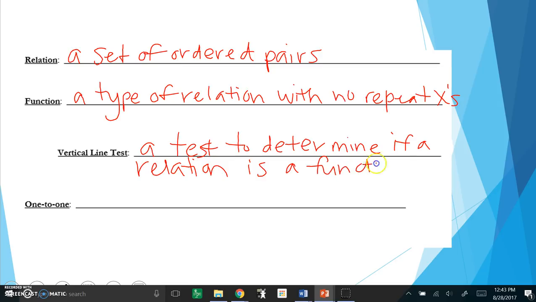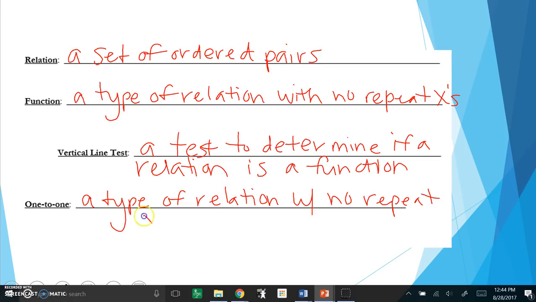And then finally, a one-to-one is a type of relation with no repeat x's or y's. So it's a very specific type of relation. It's also a type of function because it has no repeat x's.